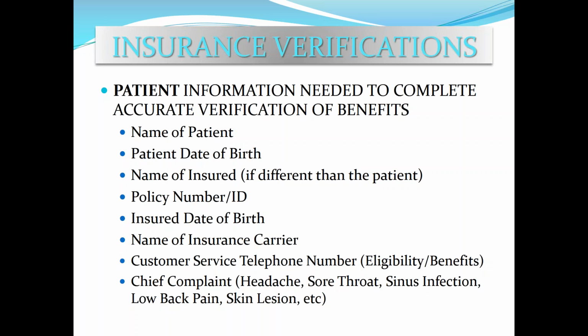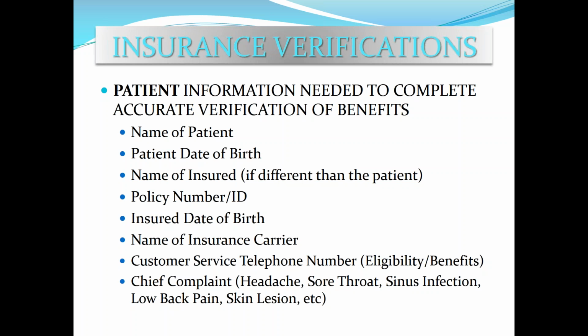Sometimes the patient is not the insured. For instance, in the case of a child or in the case of a spouse where you're checking on the spouse's insurance as a secondary policy, for example, if the insured is not the patient, then you need the name and the date of birth of the insured.